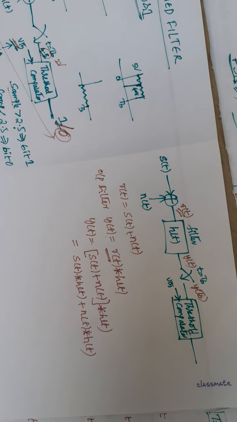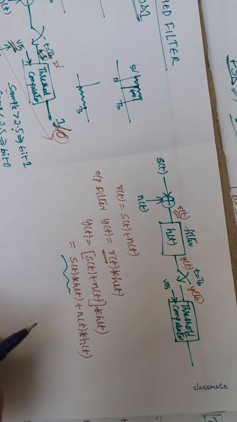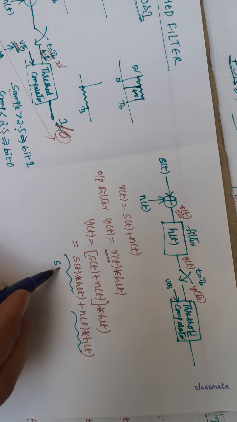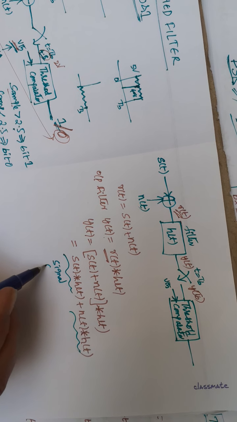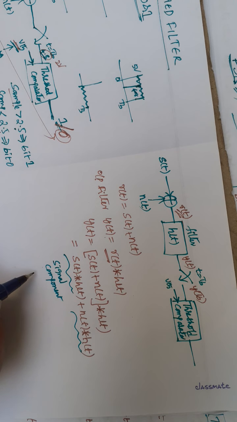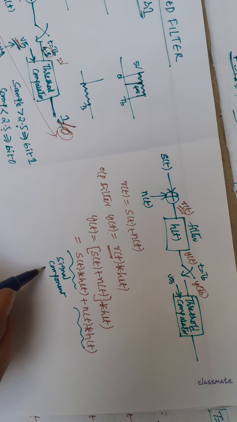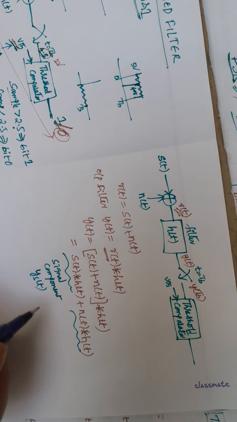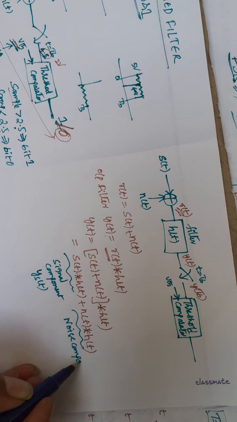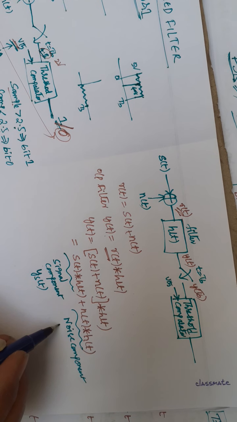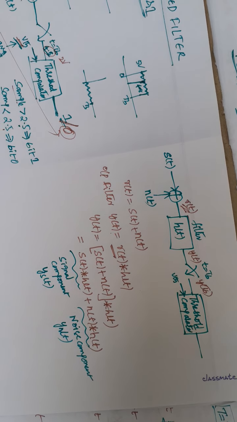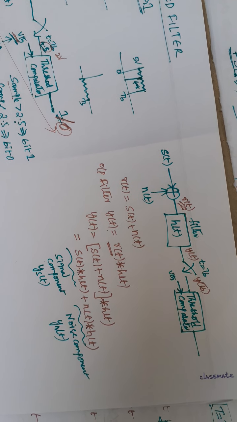Now here in this case, this is the signal component and this belongs to the noise component. I want to write this: the signal component is Y_S of t and this is the noise component Y_N of t, signal component and noise component, right.